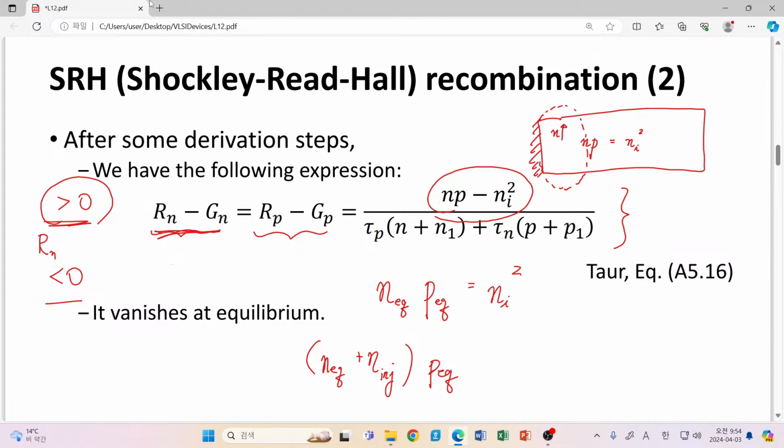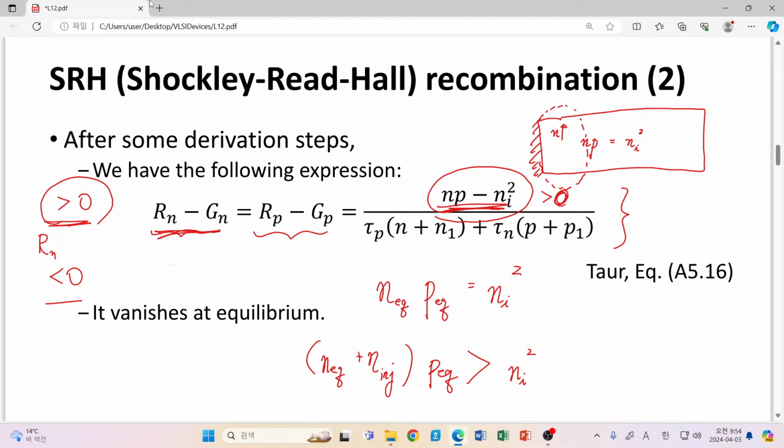Then what is the inequality? Which one is larger? Obviously, you now understand the NP product is larger than Ni squared.